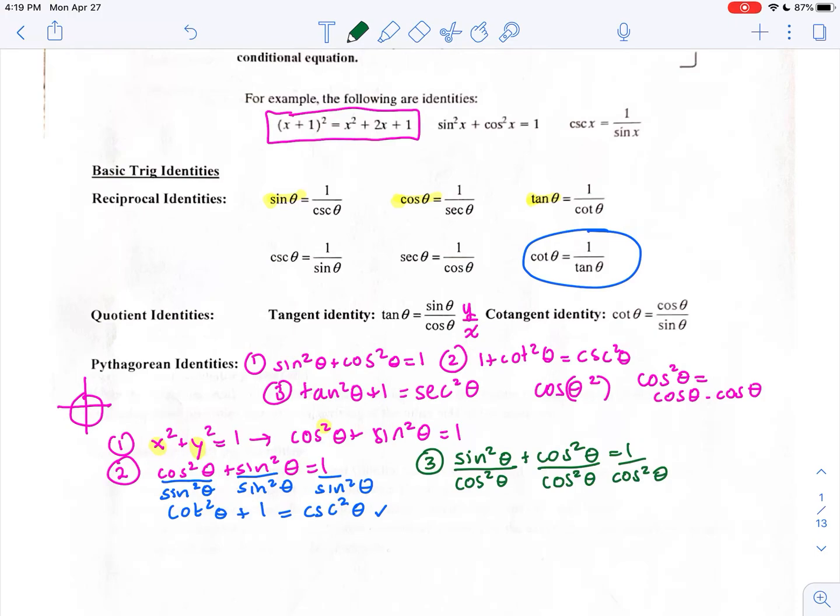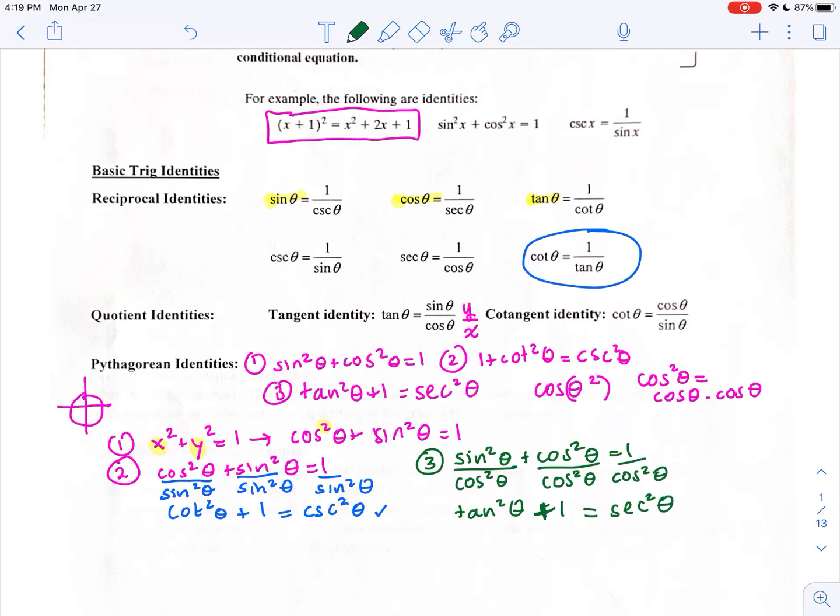Sine squared over cosine squared is the same thing as tangent squared of theta. Cosine squared over cosine squared is 1. And then 1 over cosine squared is secant squared. S goes with the C. So this is my third and final Pythagorean identity.